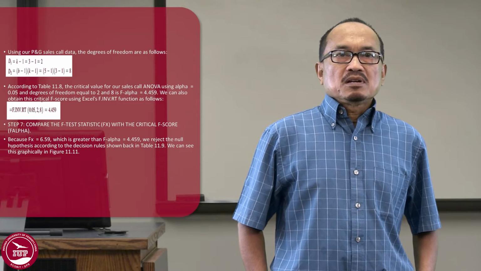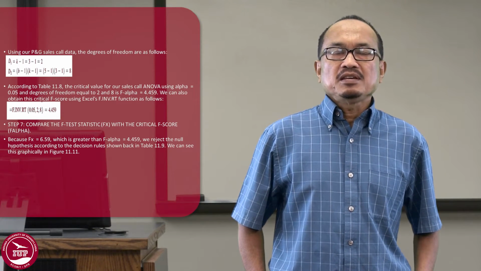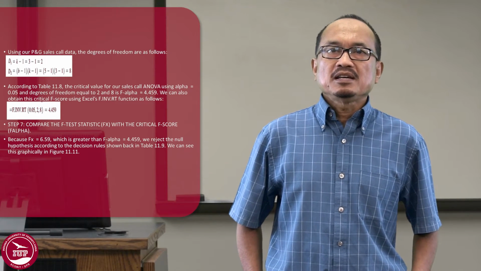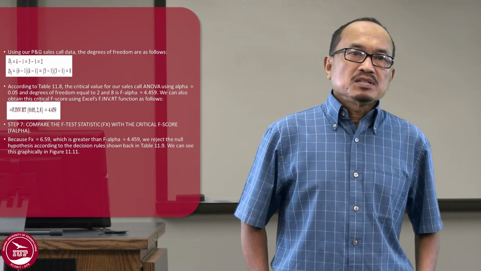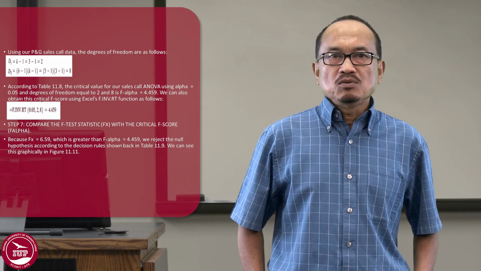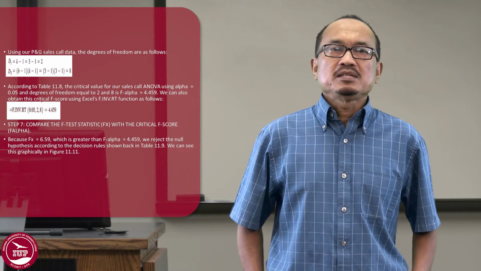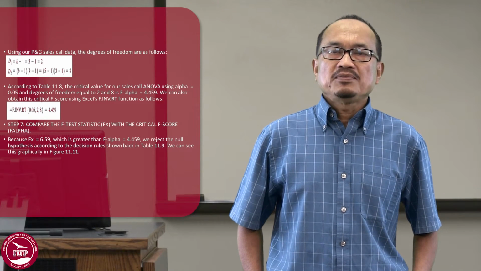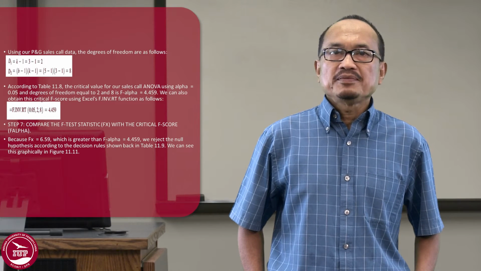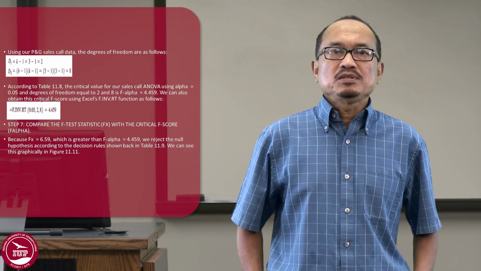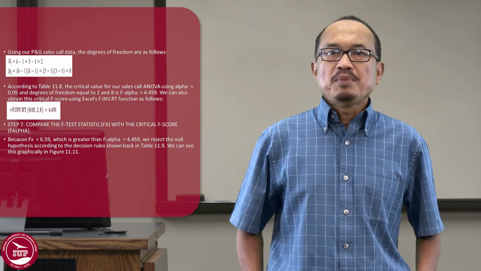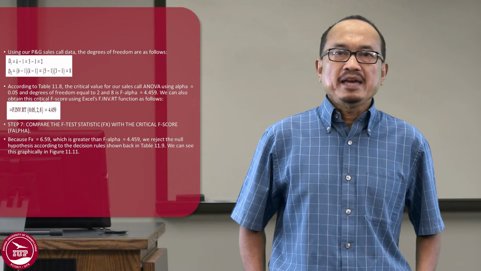Step 7. Compare the F test statistic or Fx with the critical F score or F alpha. Because Fx equal to 6.59 is greater than F alpha 4.459, we reject the null hypothesis according to the decision rule shown back in table 11.9.